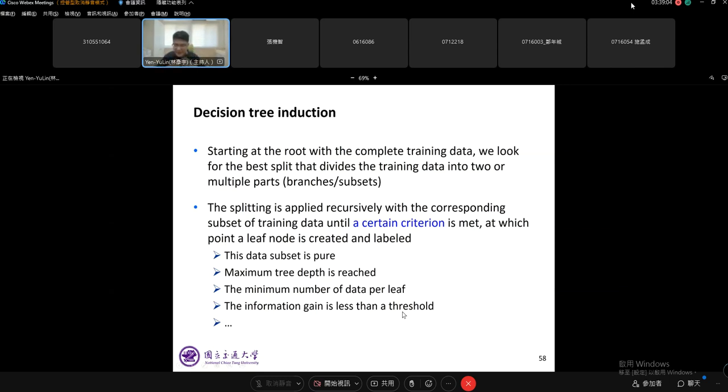If after the splitting, the data are still hard to classify for each of the two children, in this situation, there is no need to have a further split. So here are some criteria to stop the recursive process for tree construction.